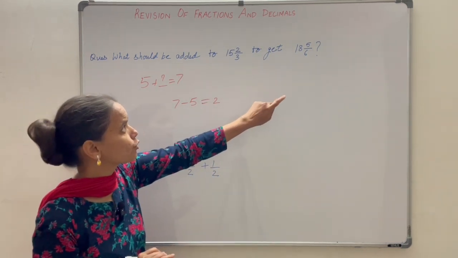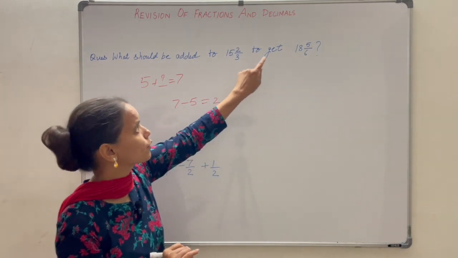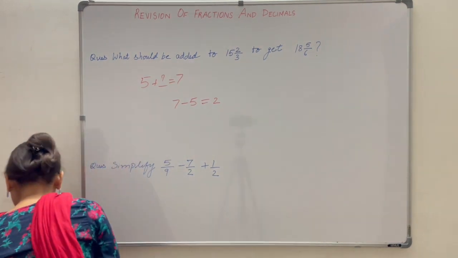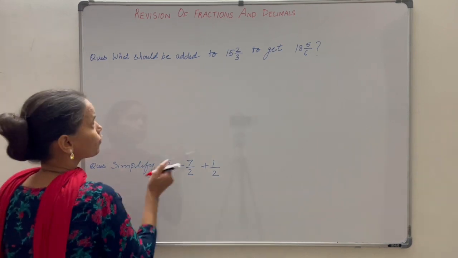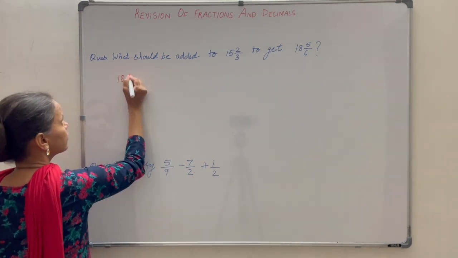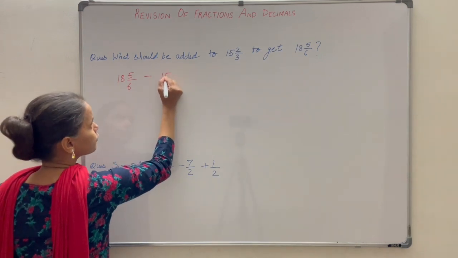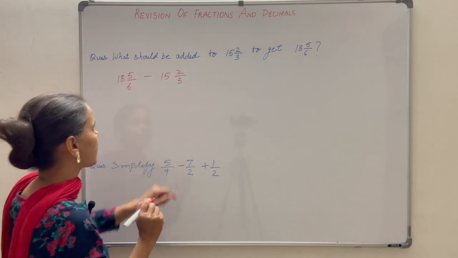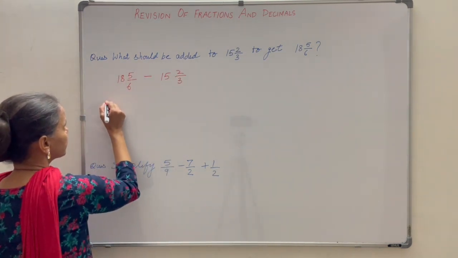Similarly here, what should be added to this to get this? So from this you are going to subtract this. So let us solve it. From 18 5 by 6, you have to subtract 15 2 by 3 to find out what should be added to 15 2 by 3 to get 18 5 by 6.